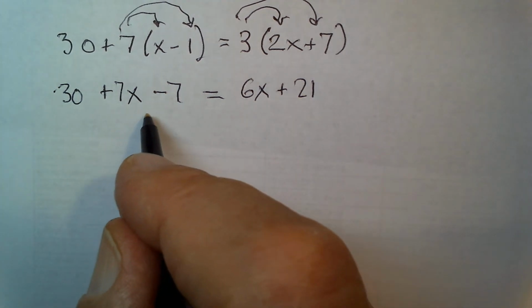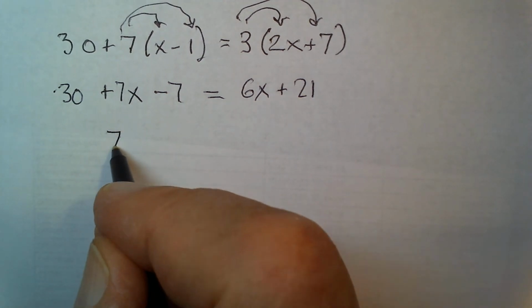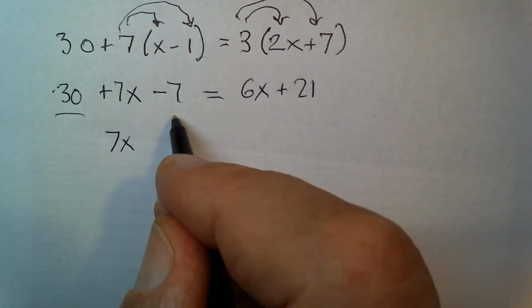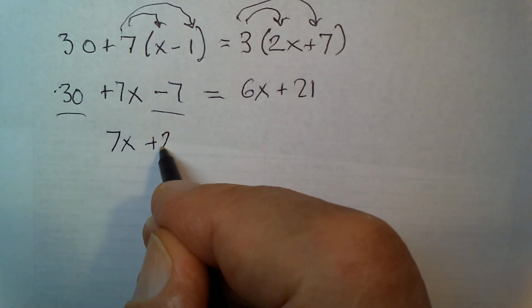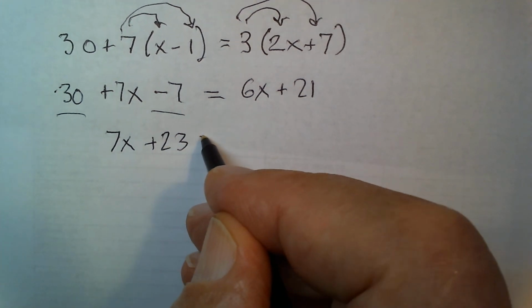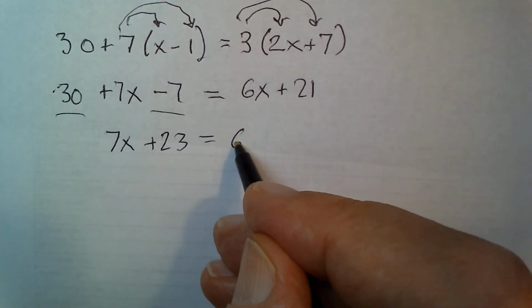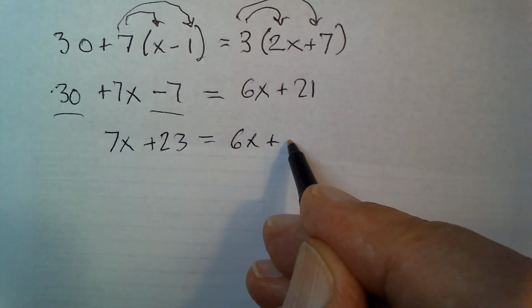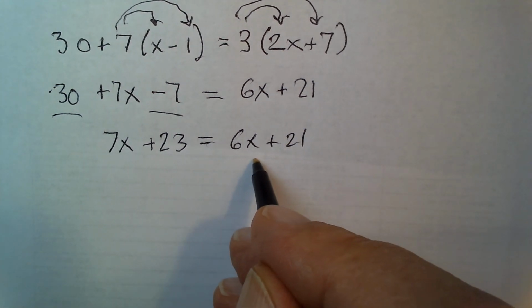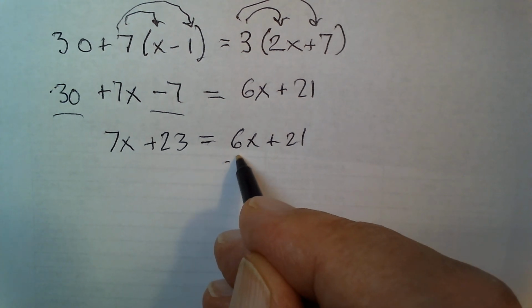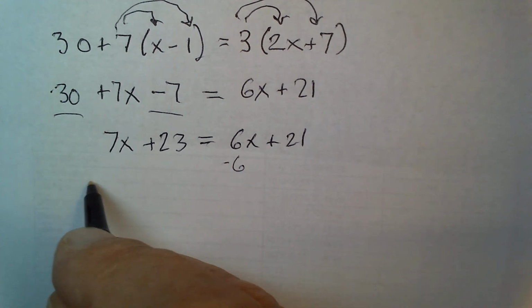So on the left side we combine like terms, so we have 7x, and 30 minus 7 is 23, equals 6x plus 21. So now we can subtract 6x on both sides. Well, let me be a little bit nicer about that.